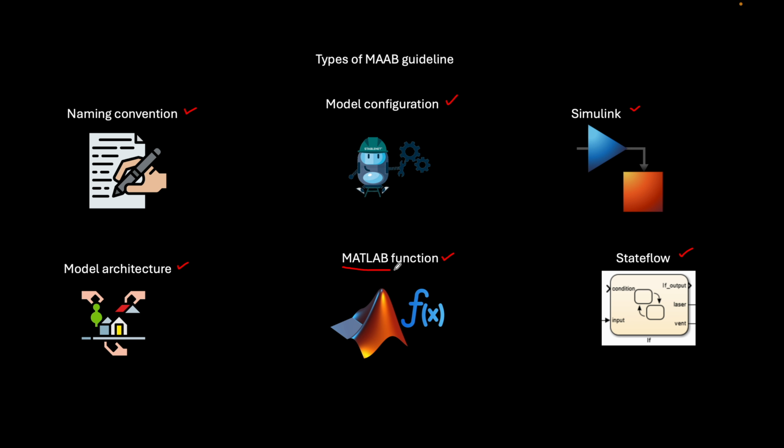As this is used inside your Simulink block, it is mentioned here in the MAAB guideline to follow the guideline for developing MATLAB functions. So this is all about how you can see on the top level what the MAAB guideline looks like, and this is how you can summarize everything inside the MAAB guideline.